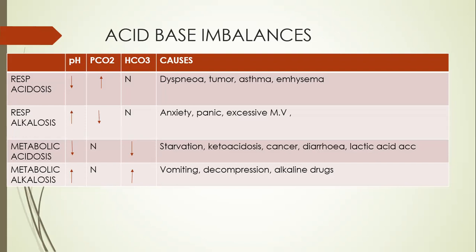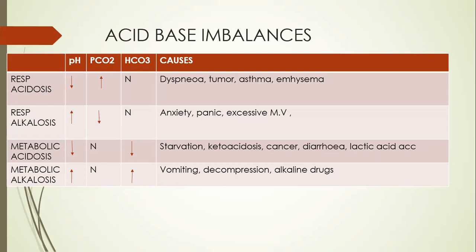Okay, and see the difference between respiratory acidosis and respiratory alkalosis. See, in respiratory acidosis as well as respiratory alkalosis, both can be caused by dyspnea. But the underlying causes may be different. In case of respiratory acidosis, there must be a connection between something metabolic and respiratory.